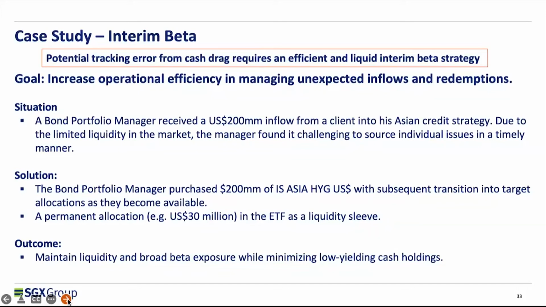Now, for a manager caught in such a situation, what he will do is make use of an ETF to get an interim market exposure first, right? Which is why we use the term interim beta. An interim exposure, so straight away you get exposed to it first. Why? Because you don't want to differ too much from the benchmark.